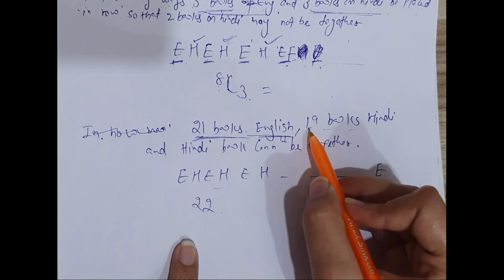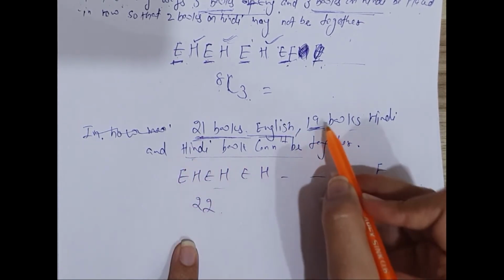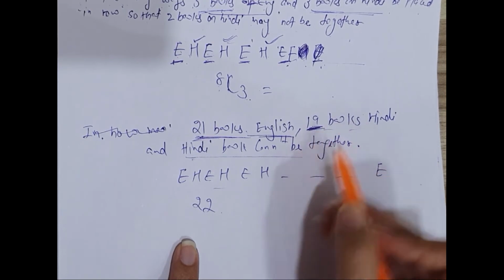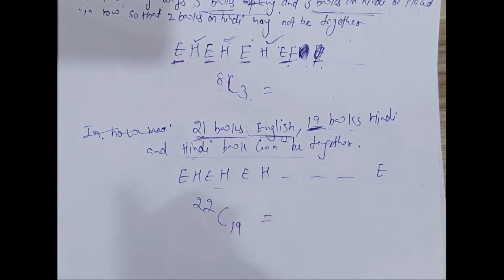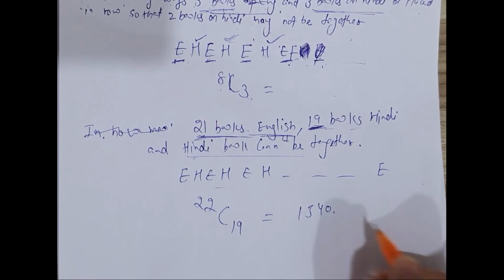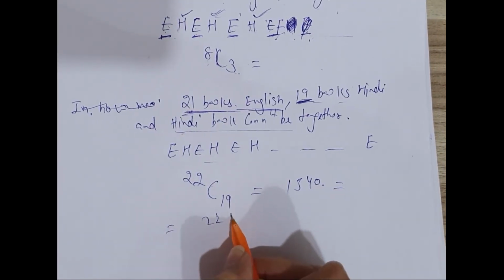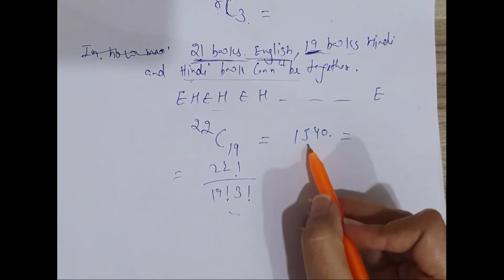From 22 we have to select 19 places because Hindi books can't be together. Therefore we have to select 19 places, that is 22C19. Now solve it and you will get your answer. Now solve it and this will be the answer.